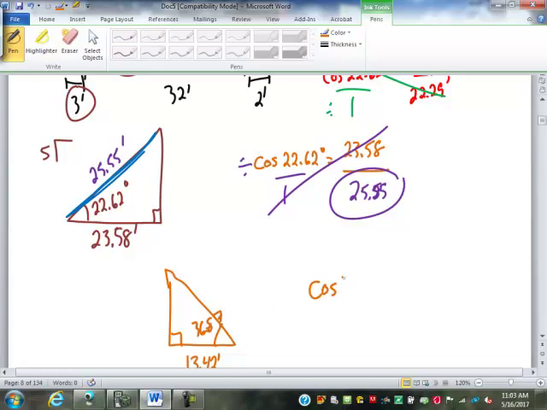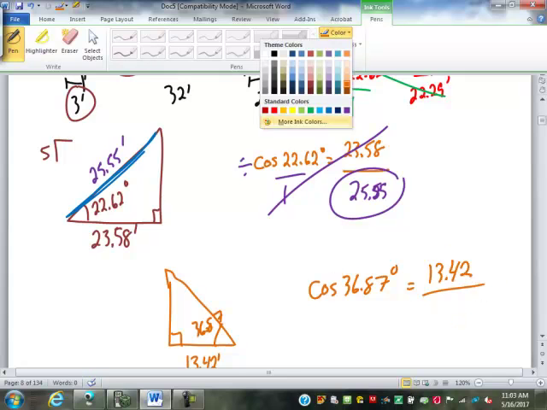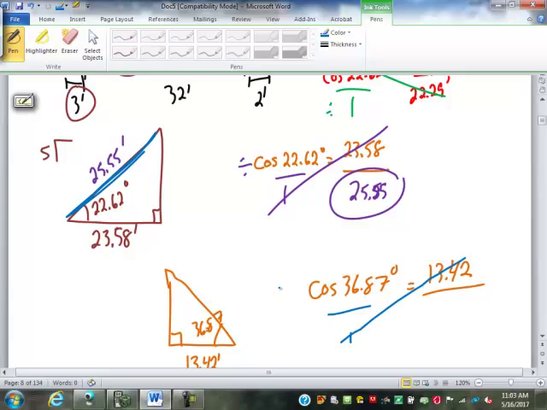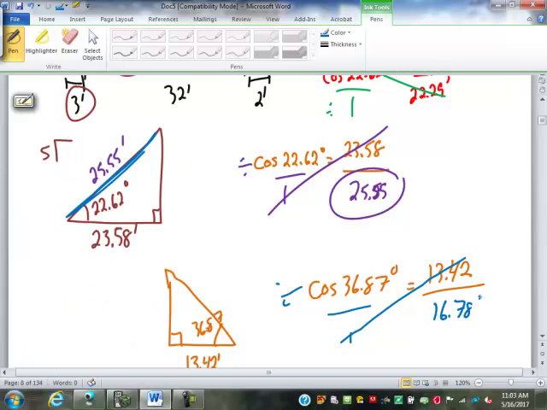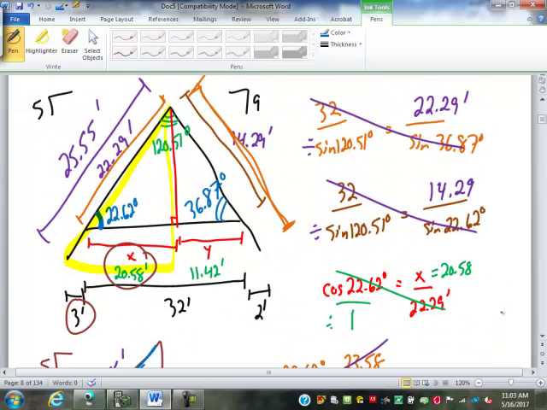And yes, cosine 36.87 degrees equals 13.42 over whatever we're trying to find, right? So 13.42 divided by the cosine of 36.87 is 16.78. Well, believe it or not, the hard work on this problem is done now.